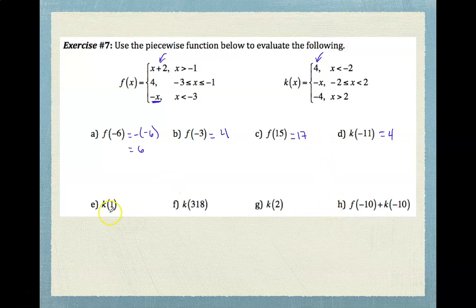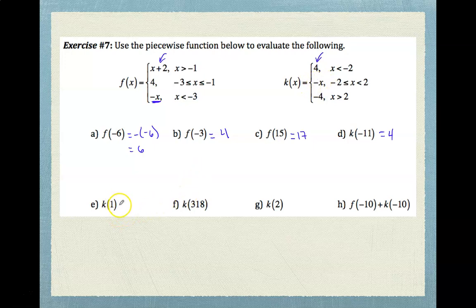All right. Now I'm going to go to my K function and find out which domain 1 belongs in. Is 1 less than -2? It is not. But it is in between -2 and +2. So I'm going to use this function right here, -x.